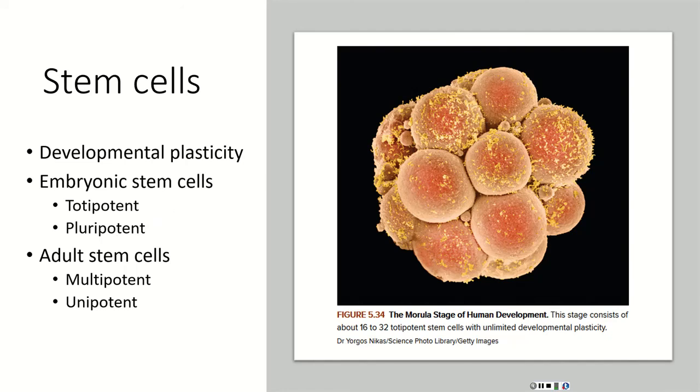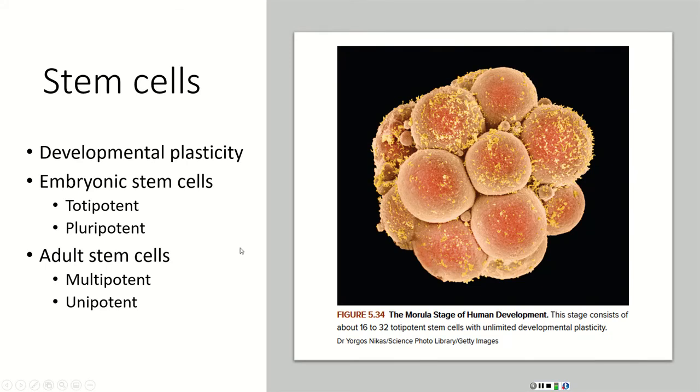Pluripotent means that it can become any type of embryonic tissue. So we are now more specialized. We can still become any type of embryonic tissue, but it cannot become any tissue type.